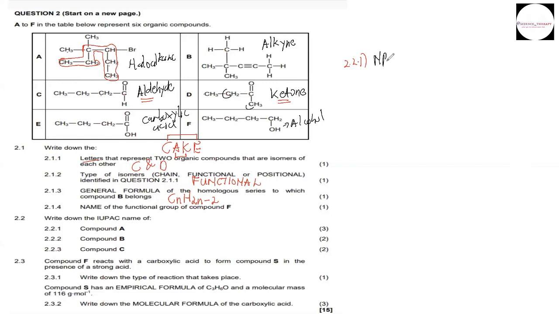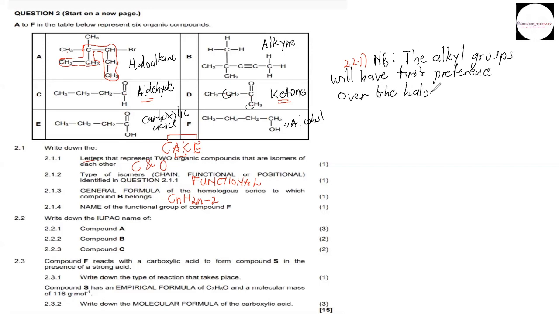Note the rule, NB. The rule says the alkyl groups will have first preference over the halogens.